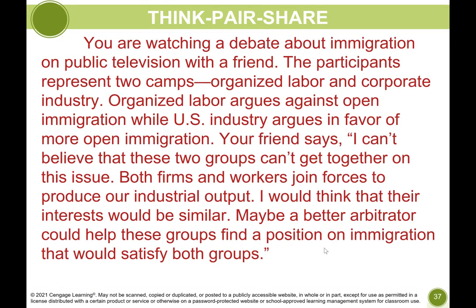Think, pair, and share. You are watching a debate about immigration on public television with a friend. The participants represent two camps, organized labor and corporate industry. Organized labor argues against open immigration, while U.S. industry argues in favor of more open immigration.